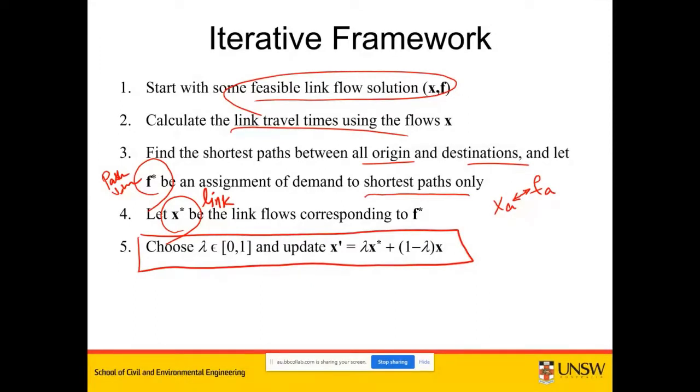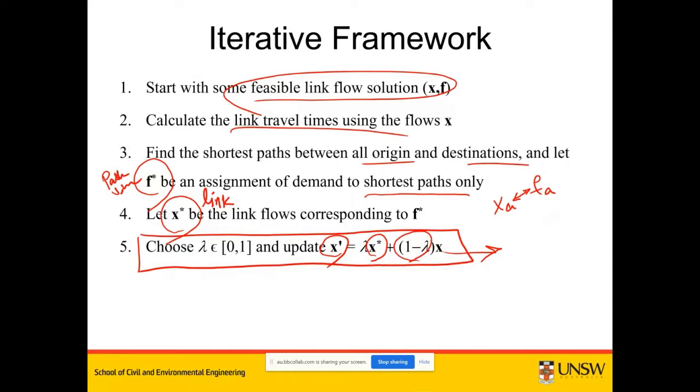So again, we're going to see it in an example, so don't worry if you don't get it fully now. X prime, the link volume of the next iteration, is equal to that lambda value that we have to magically find multiplied by X star, the volume of the link if we assign everything to the shortest path, plus 1 minus lambda multiplied by X, the link volumes of the current iteration.